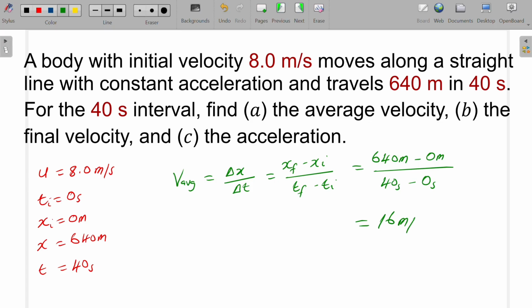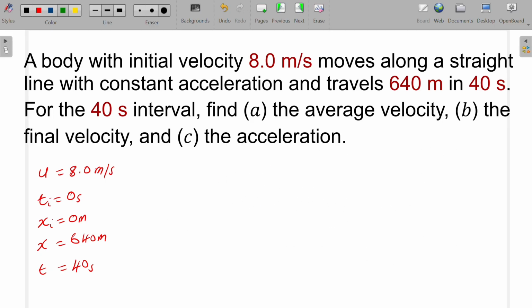So it means our average velocity will be 16 meters per second. So this is the answer for the first part, that is average velocity. Then let's look at the second part. The second part is talking about the final velocity. Now, how do we find the final velocity?